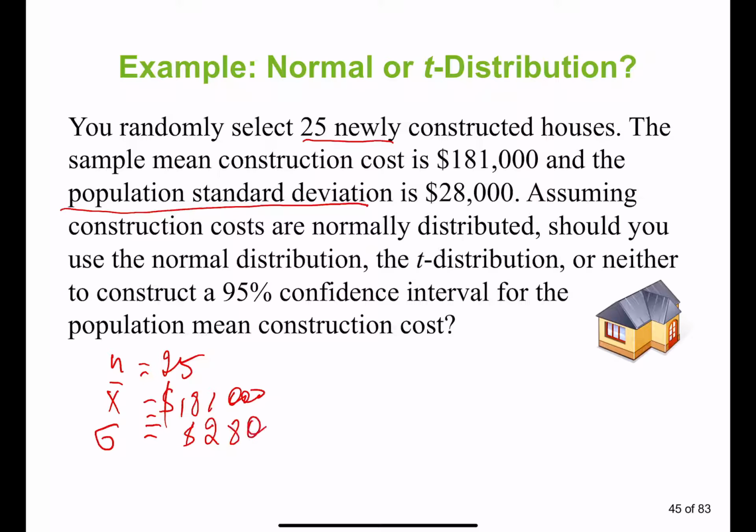Now remember, if sample size is less than 30 but sigma is given, what do we use, t-score or z-score? Of course we are going to use the z-score, the normal z-score distribution.